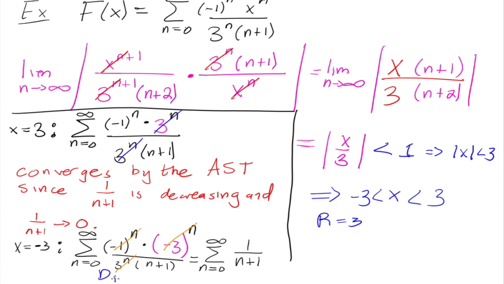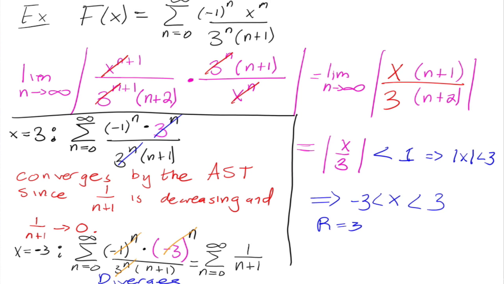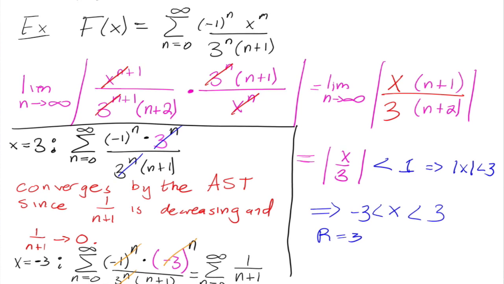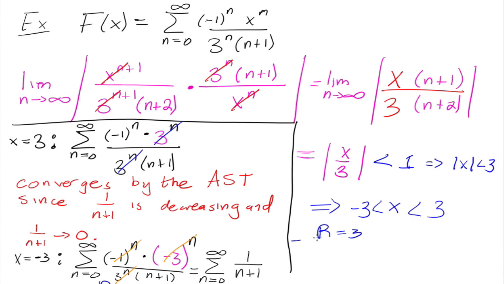So it converges for x equals 3, and diverges for x equals -3. So the radius of convergence is 3, and my interval of convergence is, let me write it down.